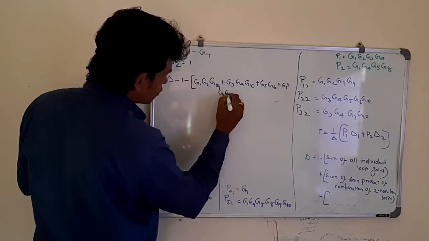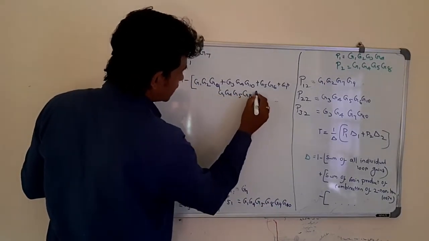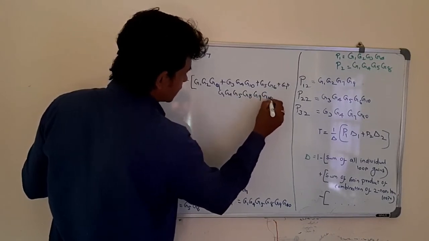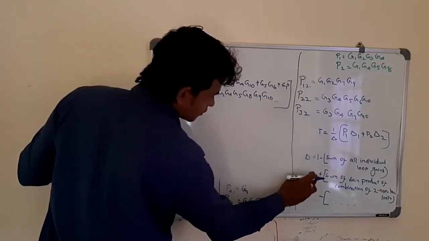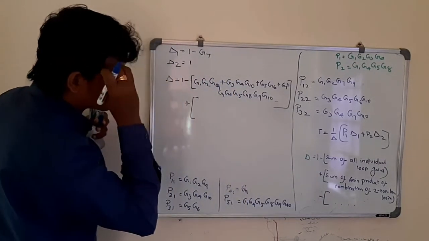plus G1, G4, G5, G8, G9, G10. Then, per the formula, plus the sum of gain products of combinations of two non-touching loops.